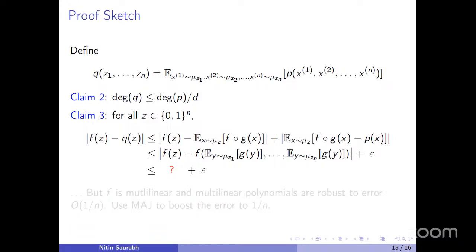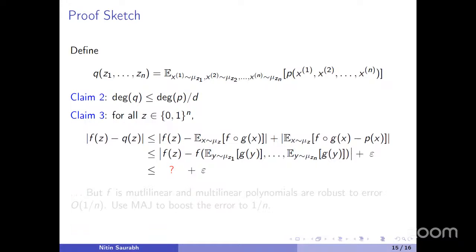The idea is that if mu0 and mu1 were truly supported on g inverse 0 and g inverse 1, to evaluate my outer function at z1 to zn, I can sample these points from g inverse 0 and g inverse 1, plug them into my composed polynomial, and evaluate the function value. So that is what you do.